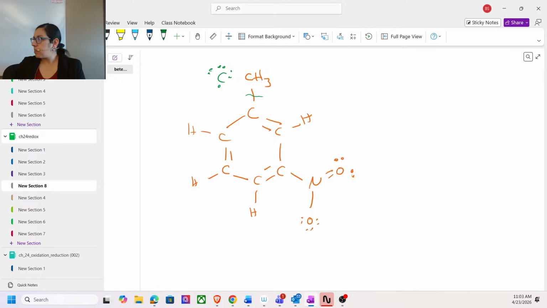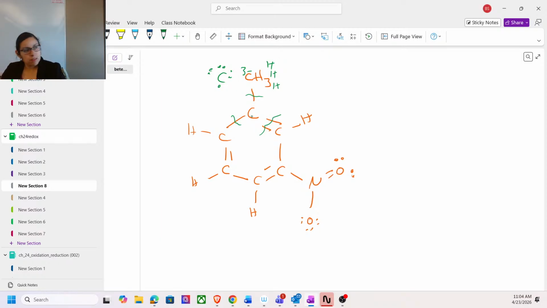Can't tell if you said it. Chat has it as well. So -3. And the hydrogens would all be 1 plus. Then going to this carbon, again splitting all our electrons evenly, it gets 1, 2, 3, 4.